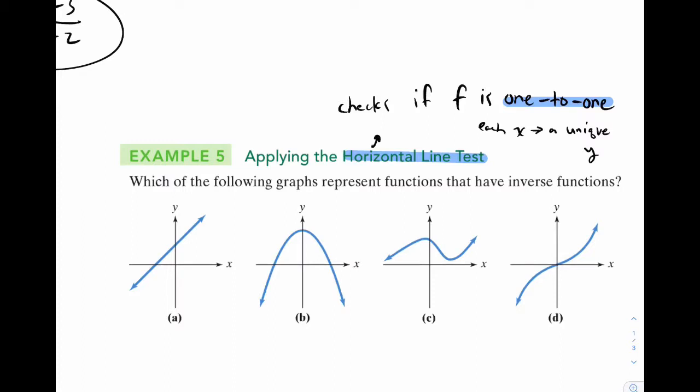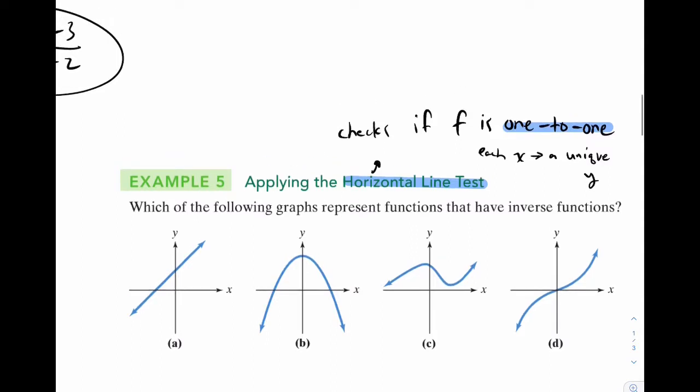So it's like a more specific type of function. So it has to be 1 to 1 in order to have an inverse function. So in short, if f is 1 to 1, f inverse exists. That's going to be our takeaway from that statement there.